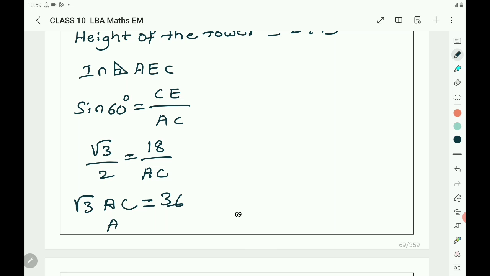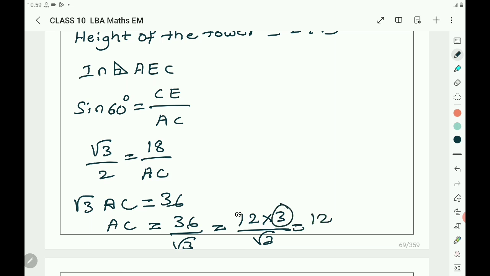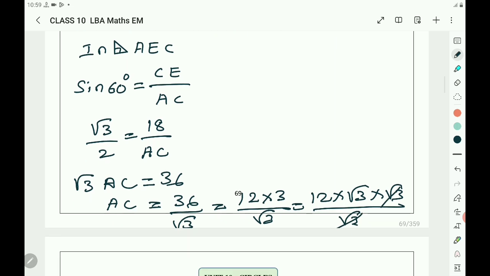Then AC is equals to 36 by root 3, and you can write 36 as a product of 12 and 3. 12 into 3 by root 3, where 3 can be written as root 3 into root 3, equals 12 into root 3 into root 3 by root 3. You can cancel root 3 and root 3. Then what you got? AC is equals to 12 root 3 meter.